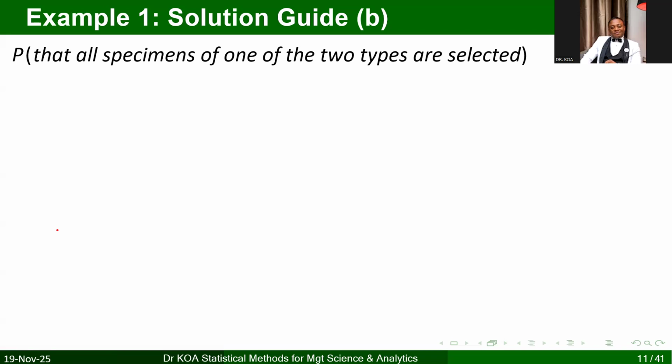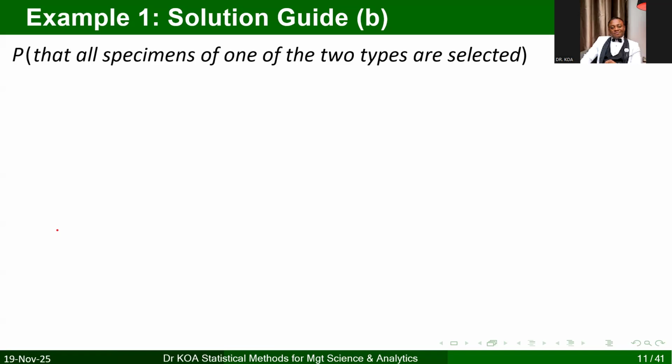Or 5, because we are looking for 15. No, wait. It says all of one type. So one type is what you've just spoken about, granite. So all 10 of the granites are selected, which means X is 10, or all of the basalt are selected. Yeah, the basaltic rock. So it is either one of them.